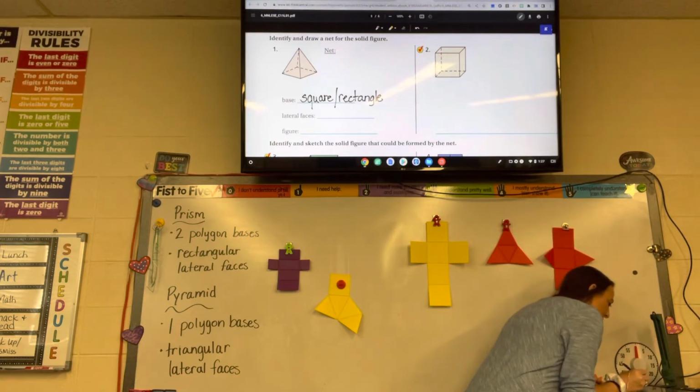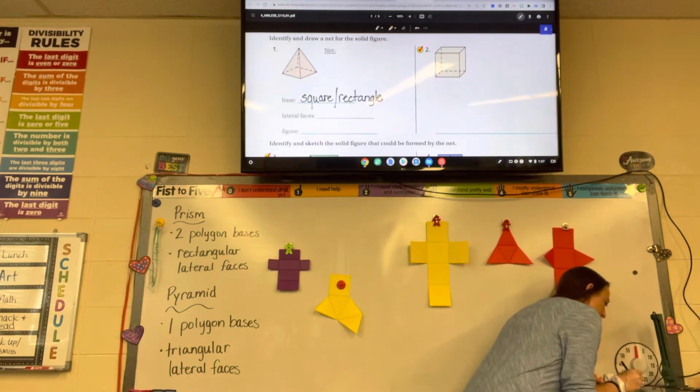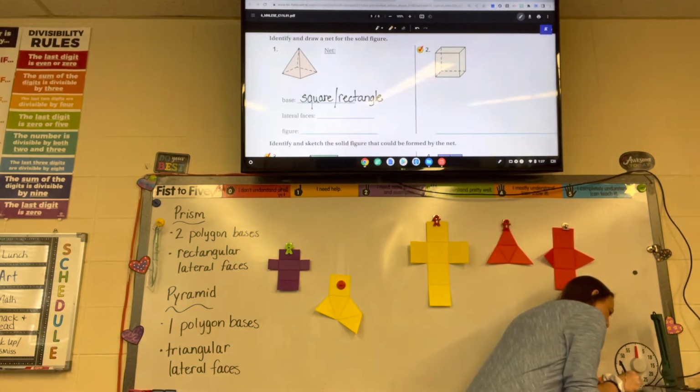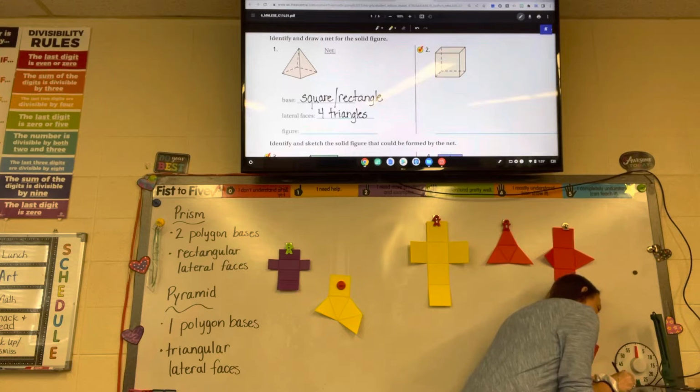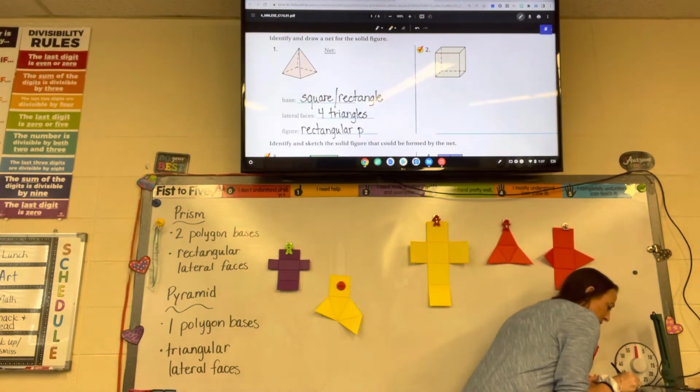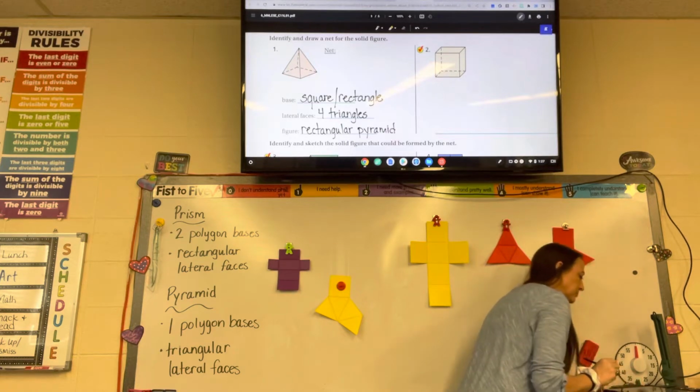How many lateral faces are there and what shape are they? 4 triangles. And so what would this figure be? A rectangular pyramid or a square pyramid. We'll just write rectangular pyramid.